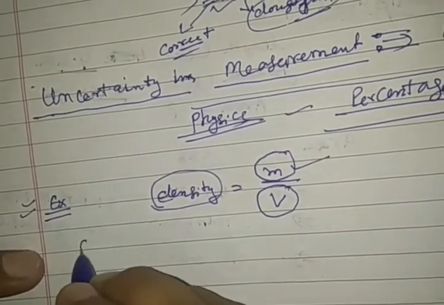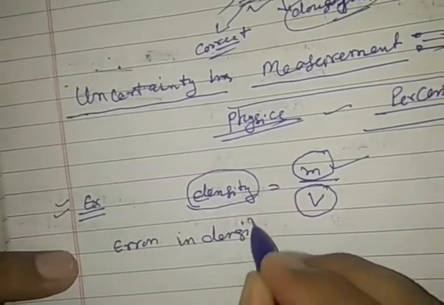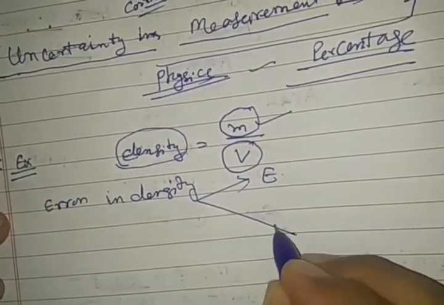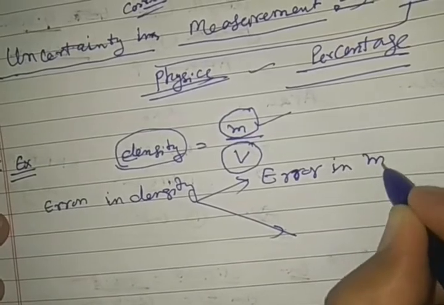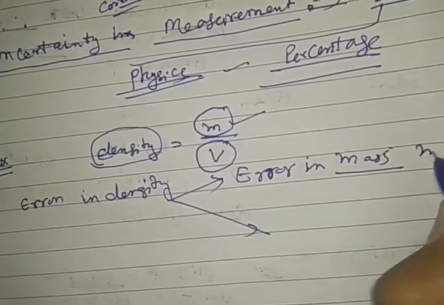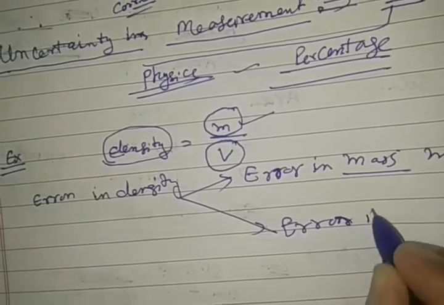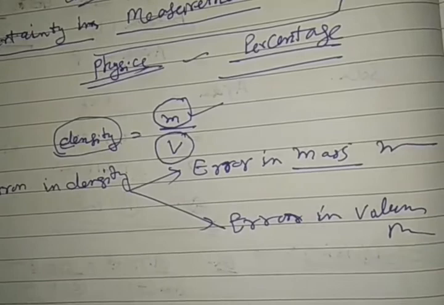So error in density depends on two parameters: one is error in mass measurement and the other is error in volume measurement.